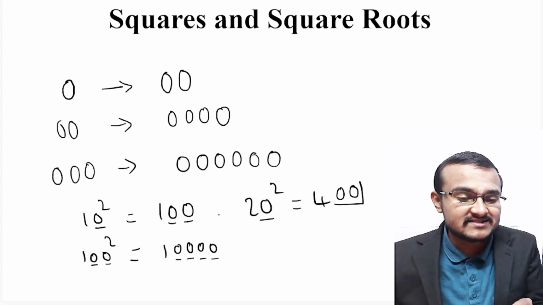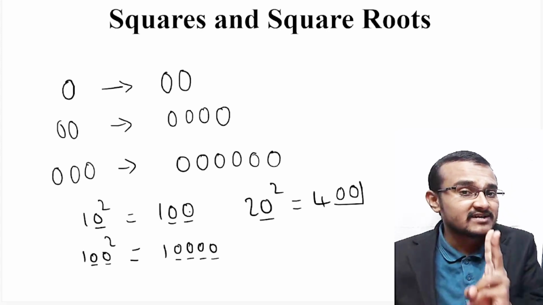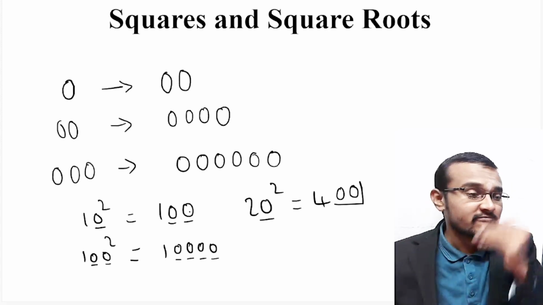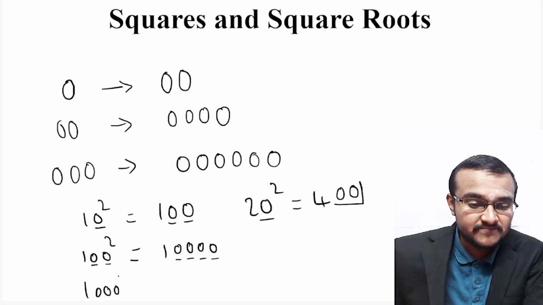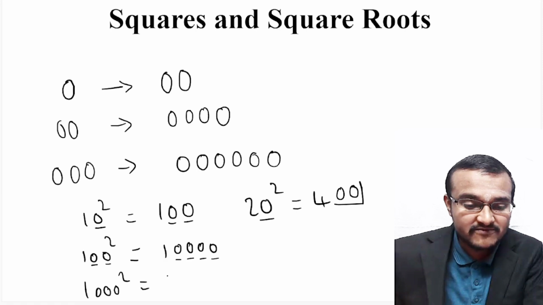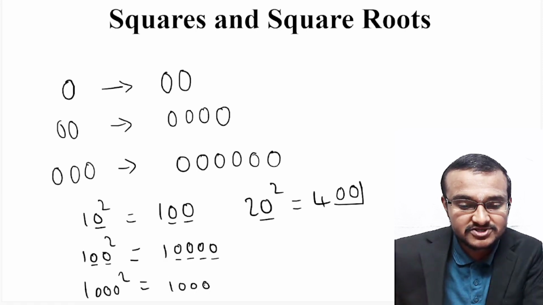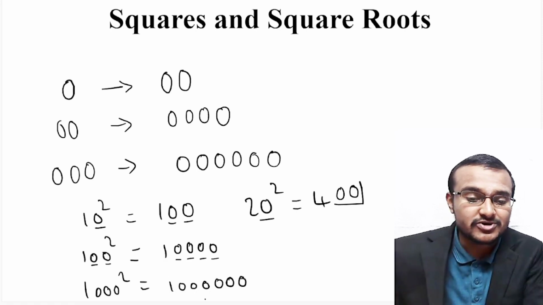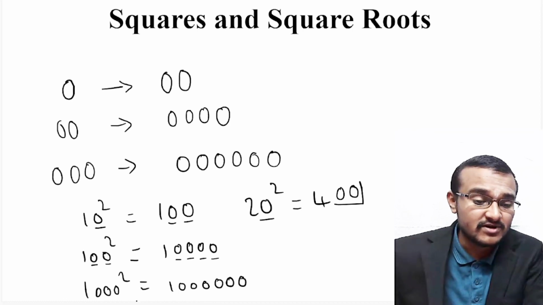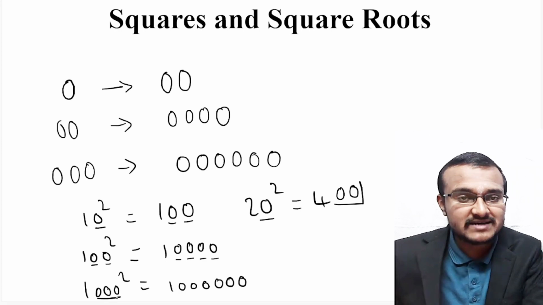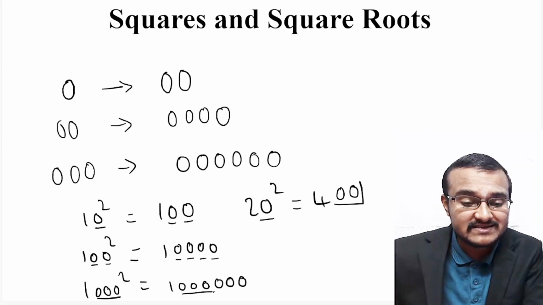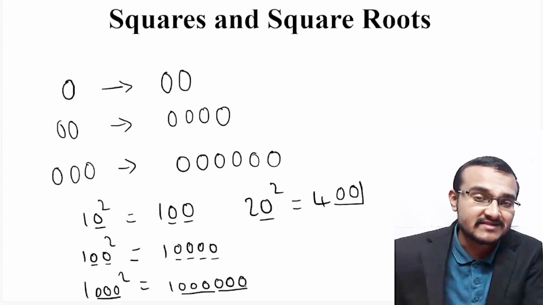So you can clearly see a number ending with 2 zeros has 4 zeros in its square. Similarly, if you take 1000 square, the answer will be 10,00,000, so 10 lakh is the answer for 1000 square. That means you can see here 3 zeros are there, and here you can easily see 6 zeros are there.